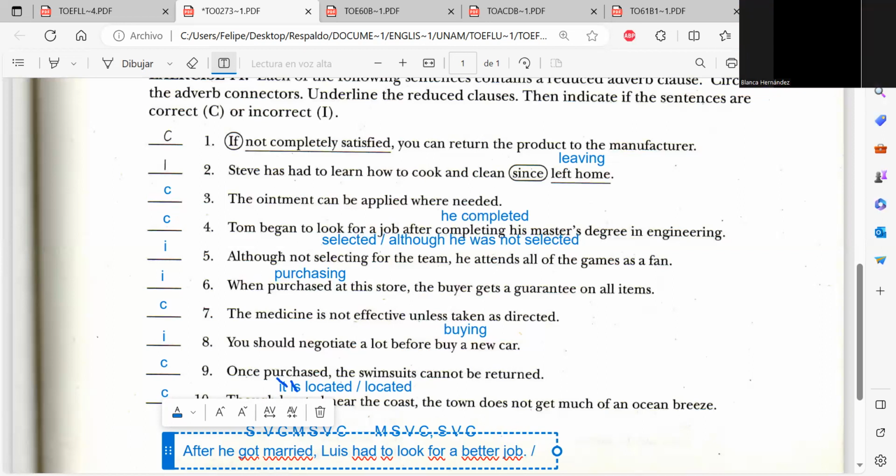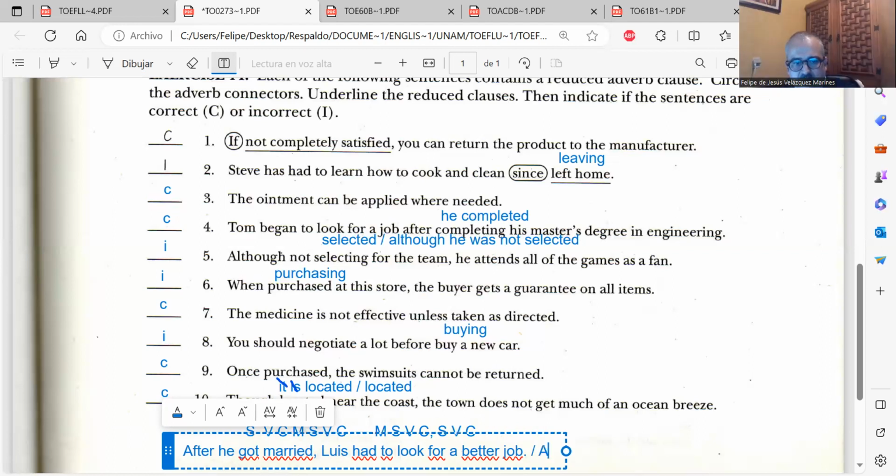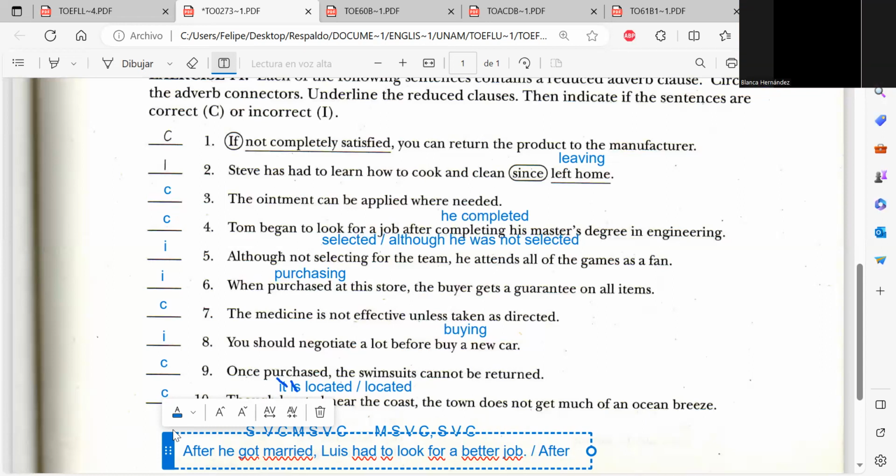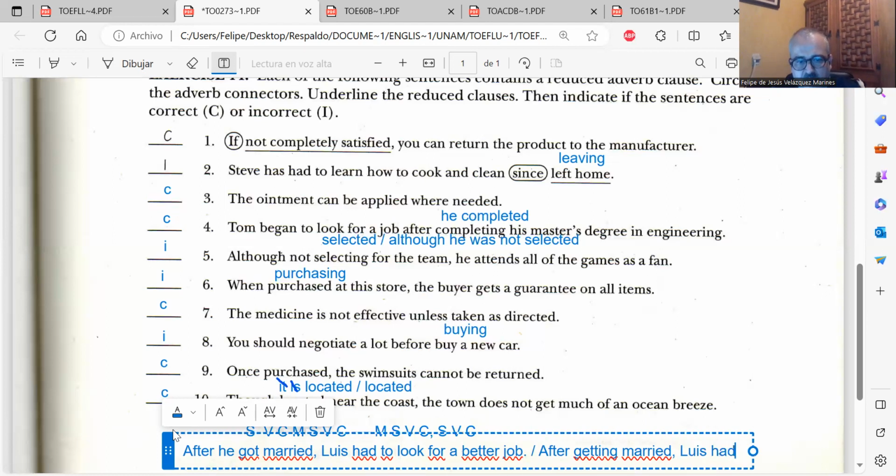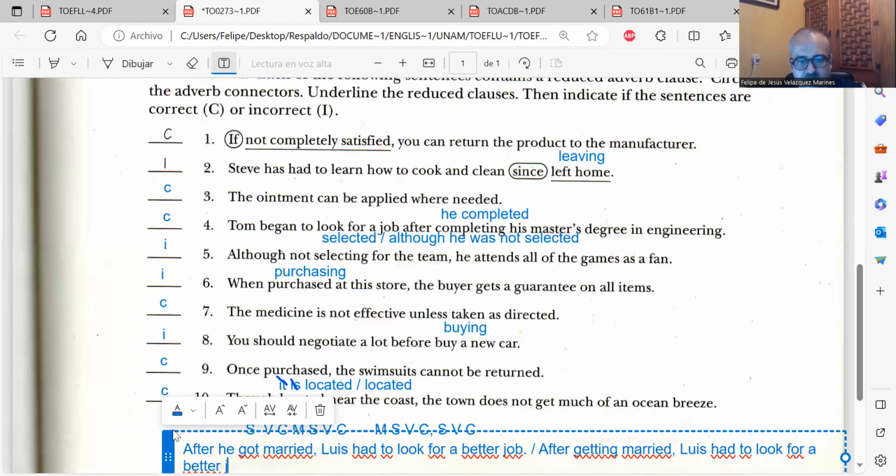He and Luis. Okay, so we eliminate he, no? We have after, but this action got married. He did the action or he received the action? He did the action. So we transform it to ing. After getting married, Luis had to look for a better job.